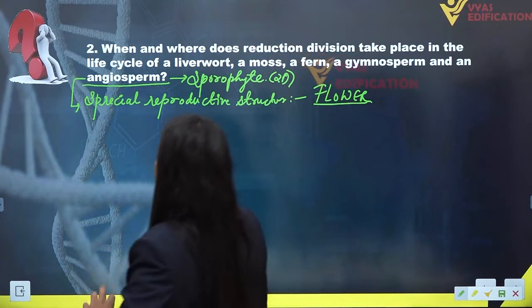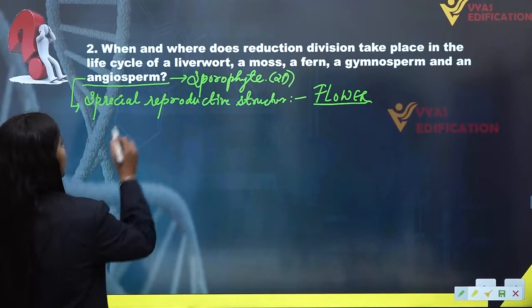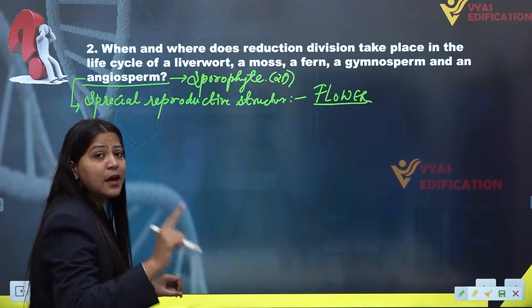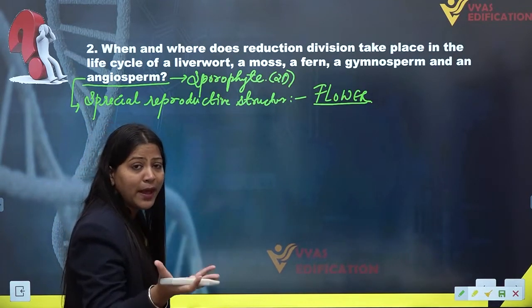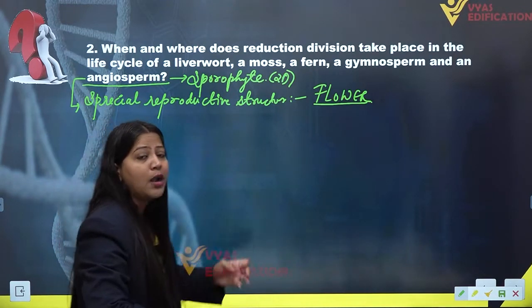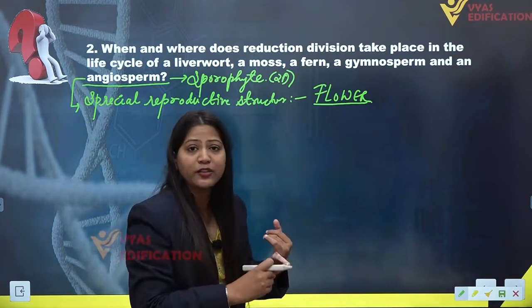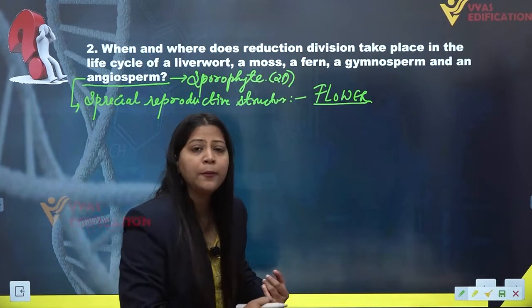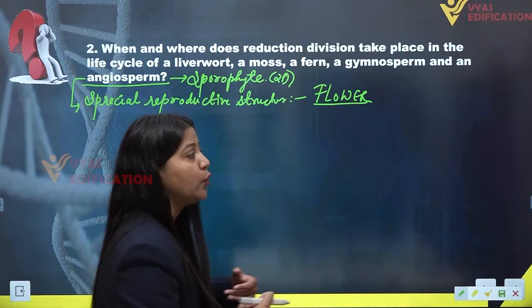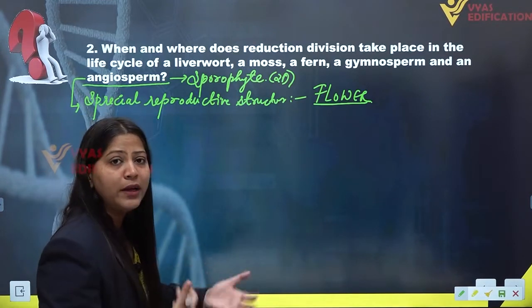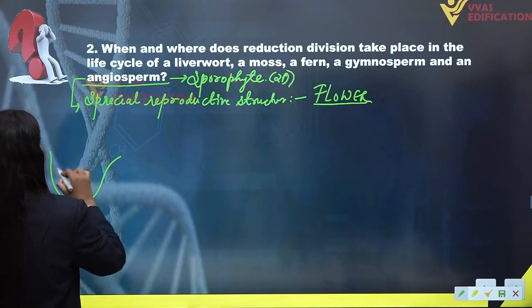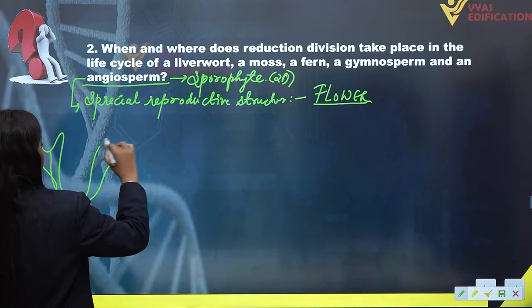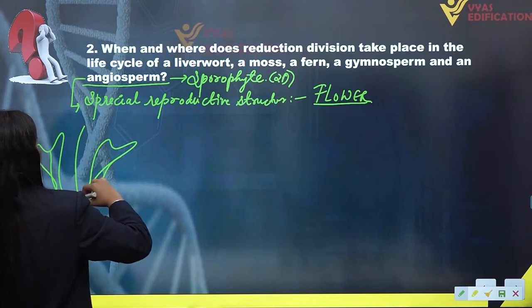So here as an example we are taking the bisexual flower, as the flower is the main reproductive place where all types of divisions, either reductional or mitotic, take place and form different structures. So we are taking a flower, which is bisexual.